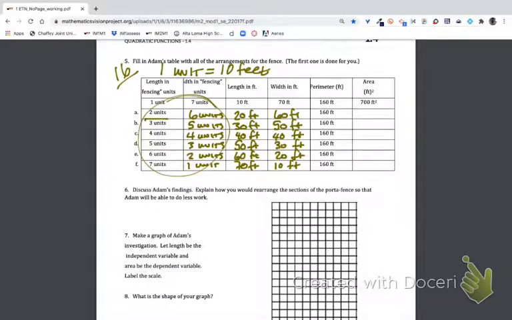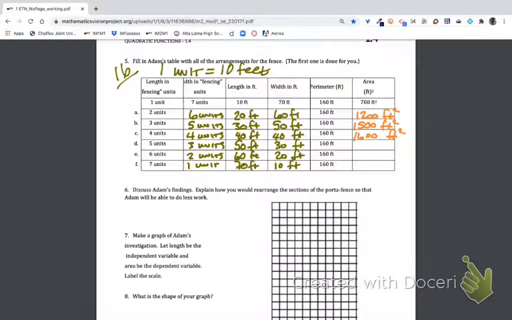The tricky part comes with the area. To find the area of a rectangle, we take the length times the width. So we will take, in this case, the length times the width. 20 times 60 is 1200. 30 times 50 is not 35, is 1500. 40 times 40 is 1600.